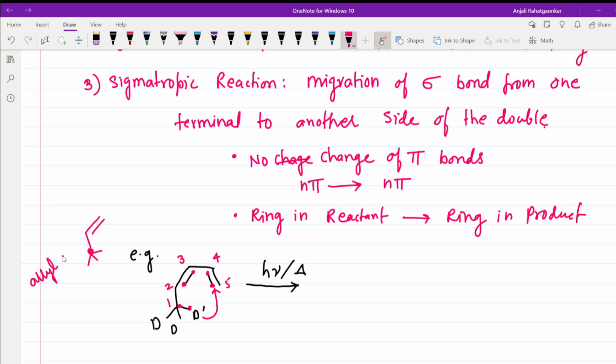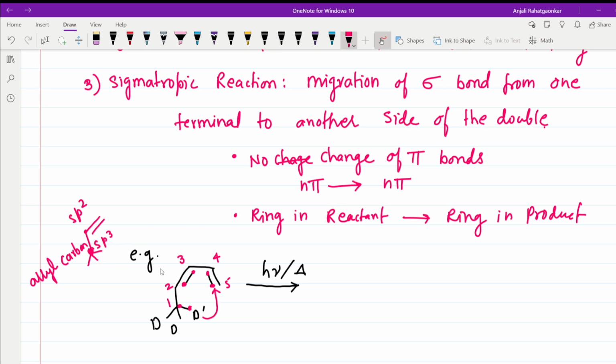Whenever you are numbering the moiety, you should always start with the allylic carbon. This is sp3. Why is this called allyl carbon? Because this carbon is sp3 and it is attached to the sp2. So this moiety is the allyl moiety, and this carbon is known as the allyl carbon.